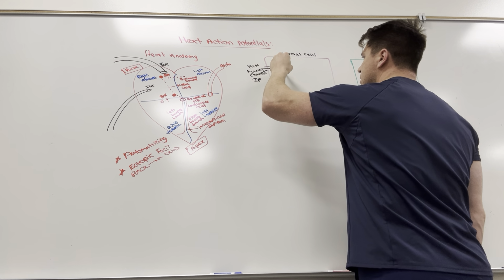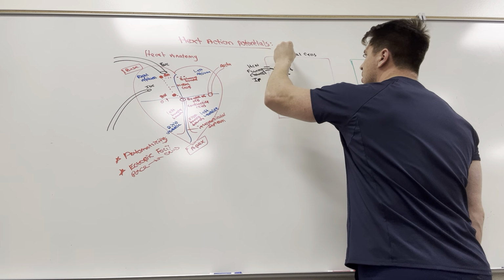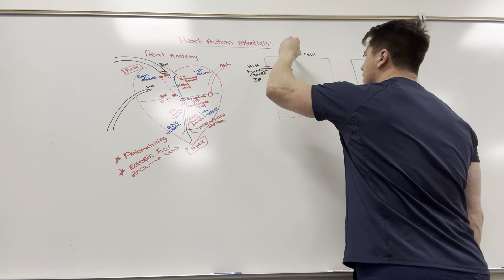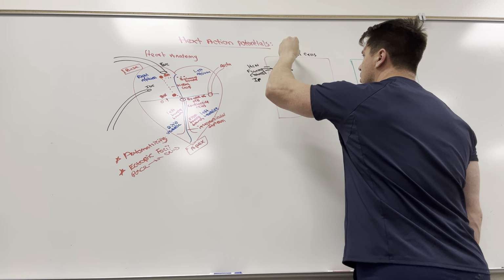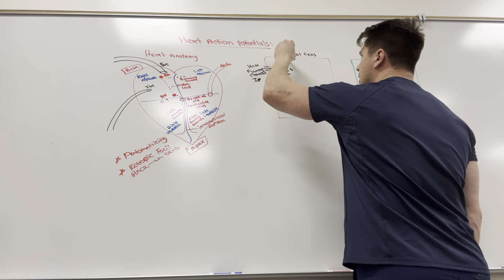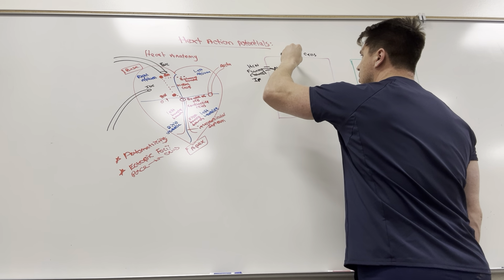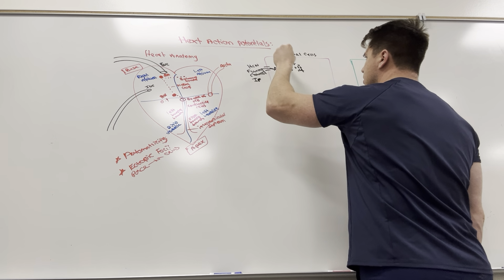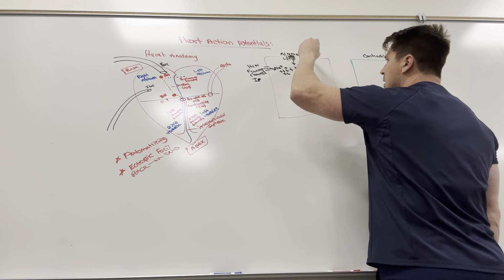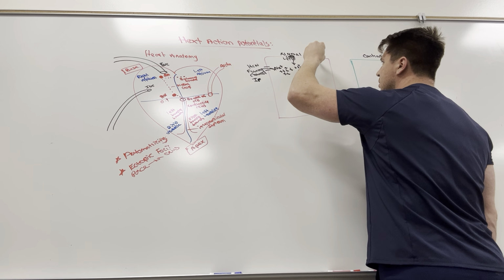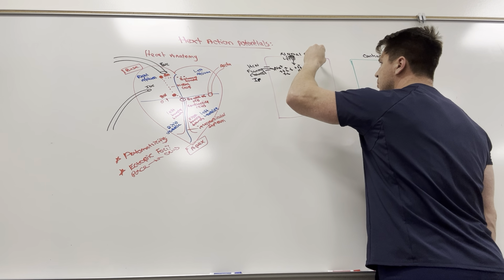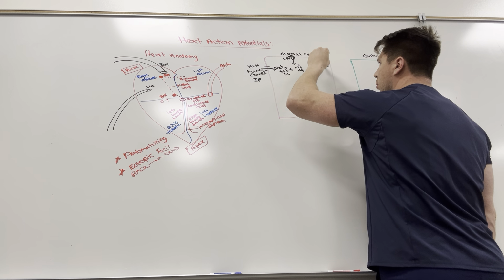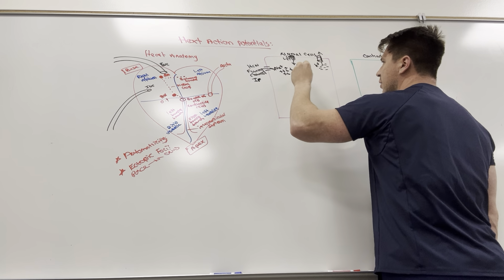This depolarizes the cell, and then this is going to activate a channel up here called a calcium channel, L and T calcium channels, where calcium comes in because it's activated from that sodium channel. We also have potassium channels that get activated, so potassium becomes permeable and leaves the cell, and so we get this negative charge.